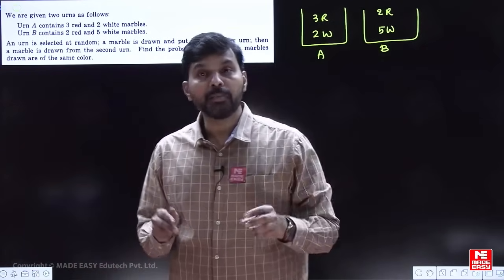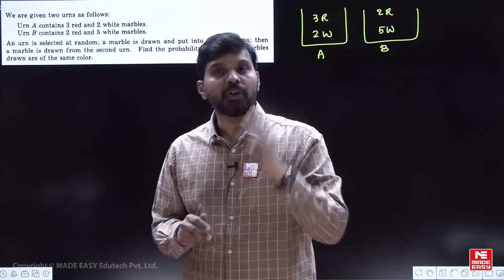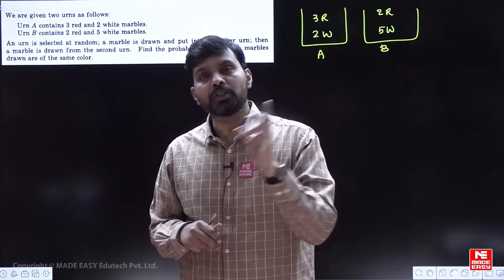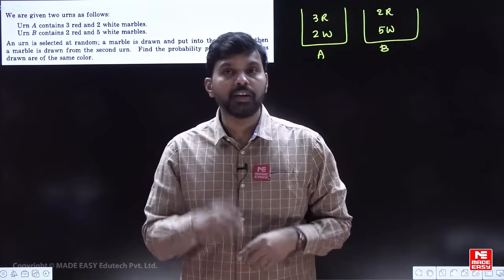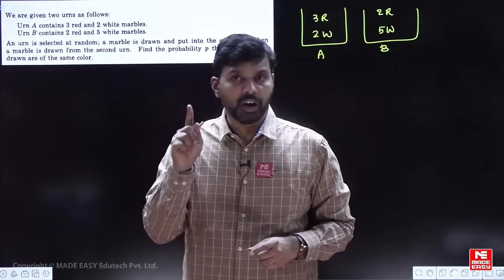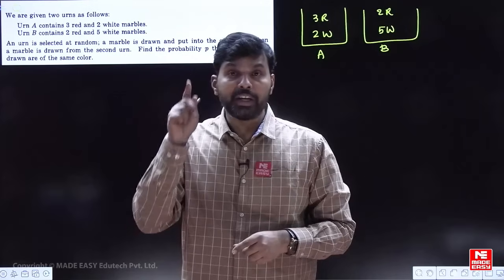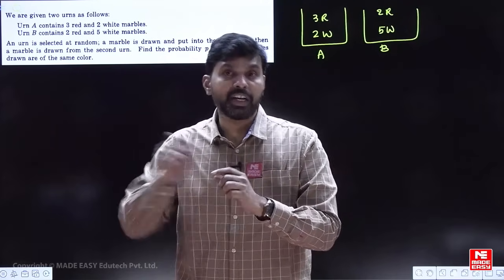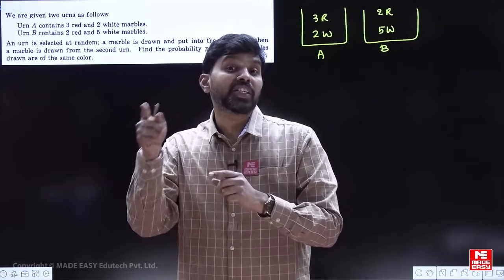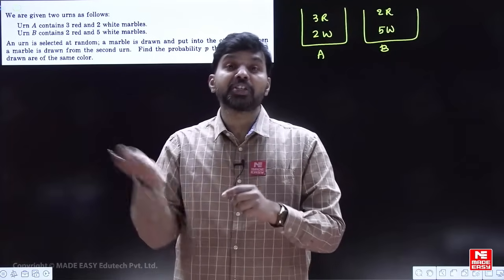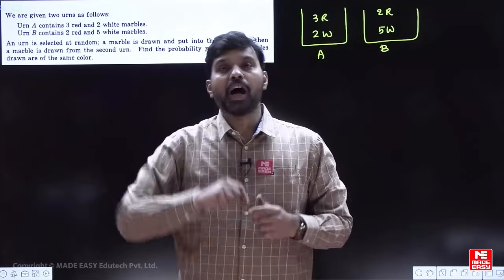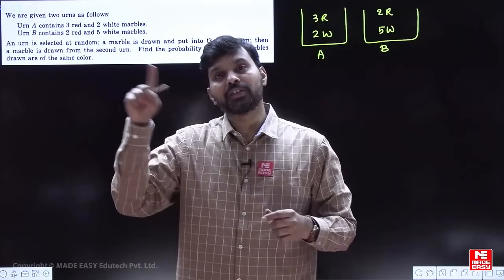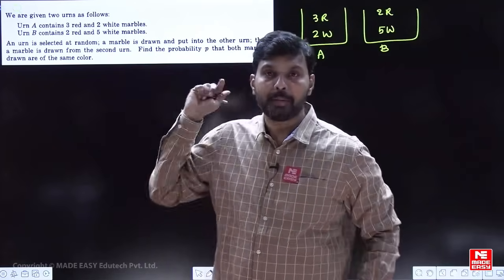So यहां पर पूरा 3 ट्रांसैक्शन ऑफ इवेंट्स हुआ था. So successive transactions are 3 here. One is selection of the urn and then drawing a marble. Then, after placing it into the second urn, selection of one more marble from the other urn. So these are the 3 sequential events happening here.